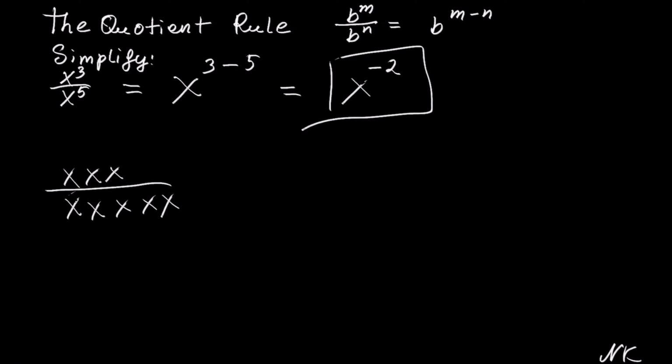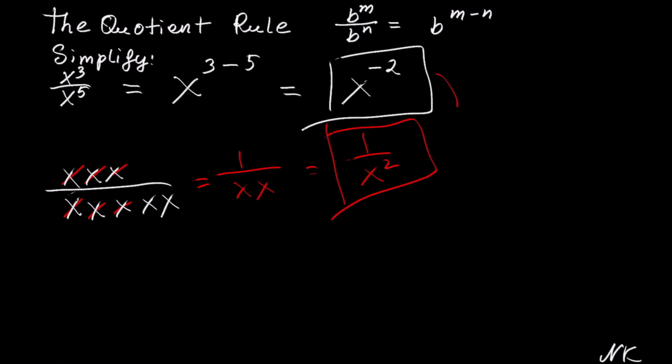After we reduce 3 factors of x in numerator and denominator, all the x's cancel out in numerator, so we have 1 out of x times x in denominator, and this gives us 1 out of x to the second. This is also a perfectly fine solution because this is a definition of negative exponents.